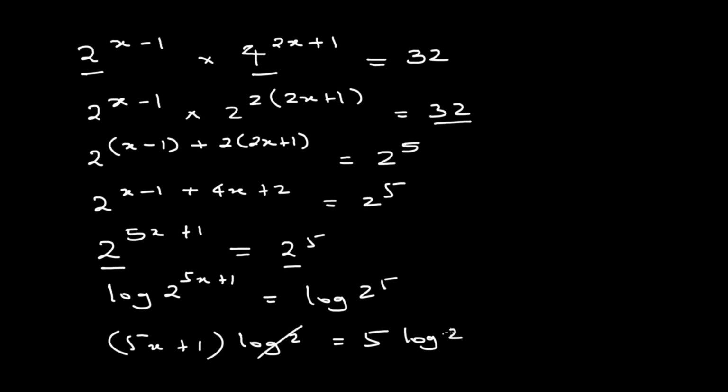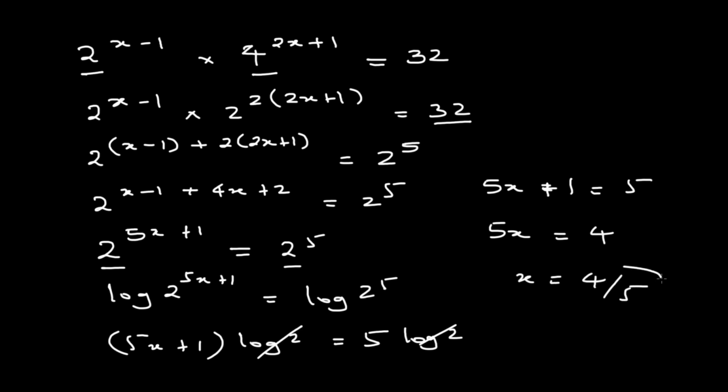I can get rid of these log 2 terms, giving me 5x plus 1 is equal to 5. So my 1 goes to the other side. 5x is equal to 4, and then x is equal to 4 over 5, like that. So you see that this is just about recognition of patterns.